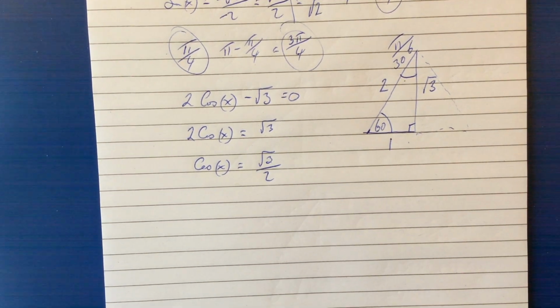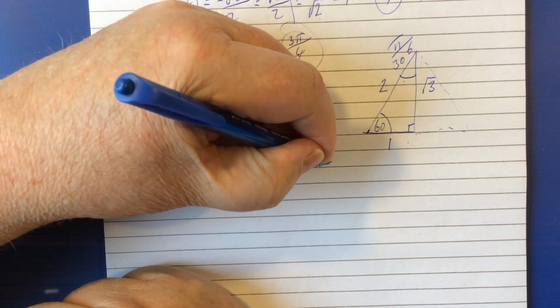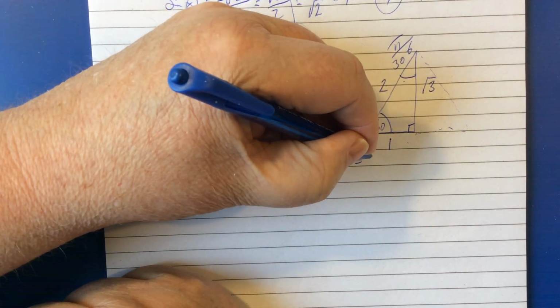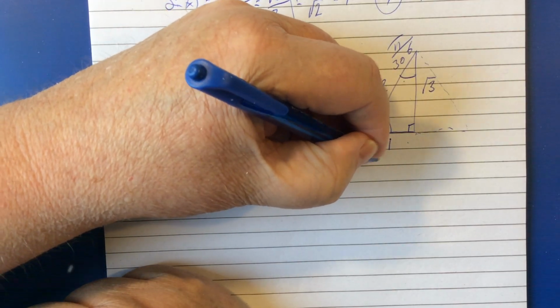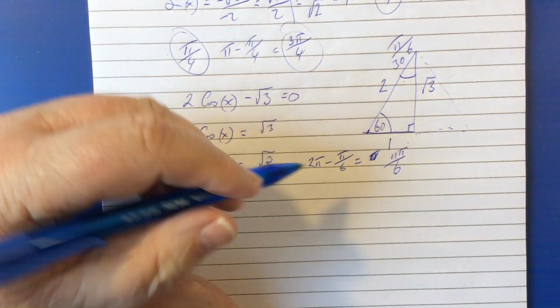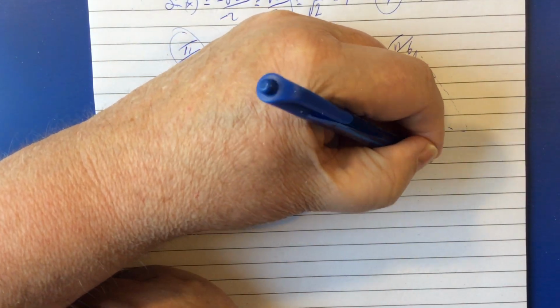Just let me bring that in again. So 2 pi minus pi on 6 is going to equal 11 pi on 6. And our first answer was pi on 6.